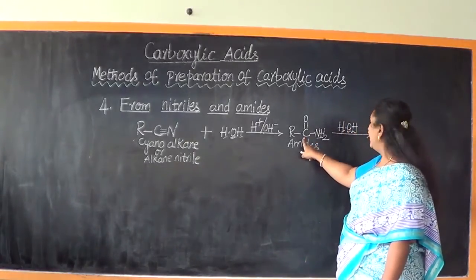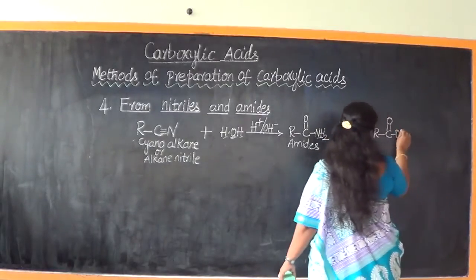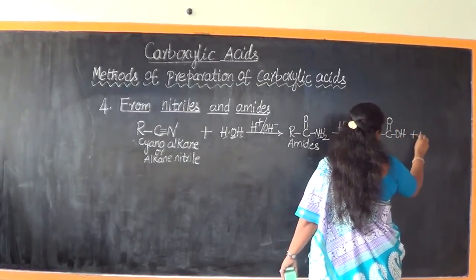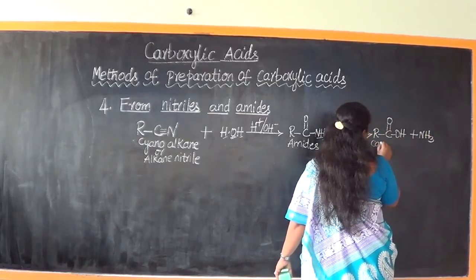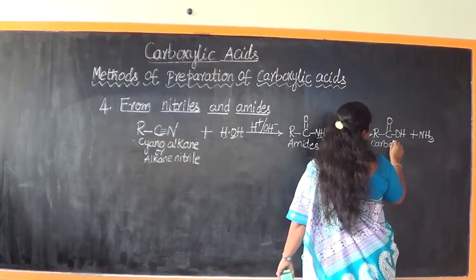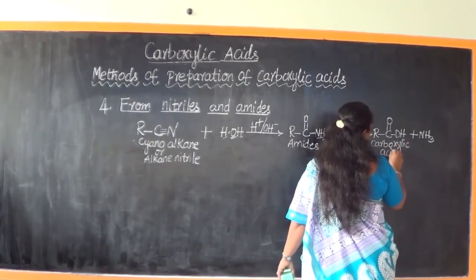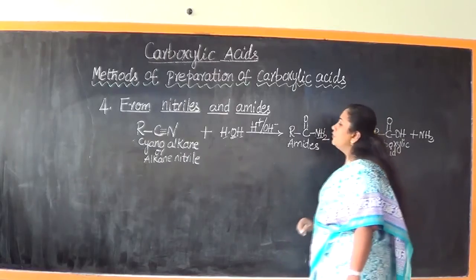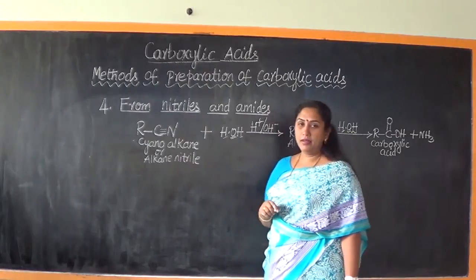Everything is remaining intact. In this place OH will take an attachment. So we obtained the corresponding carboxylic acid along with the formation of ammonia. So this is how we obtain carboxylic acid starting from cyanoalkane or alkane nitrile.